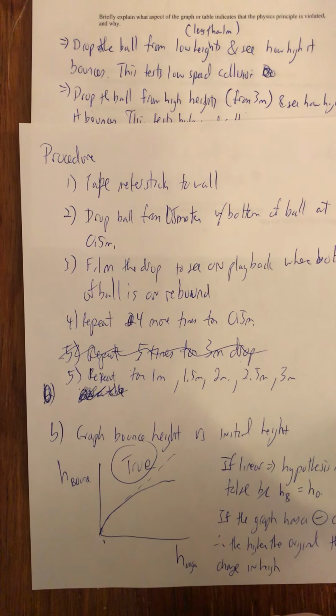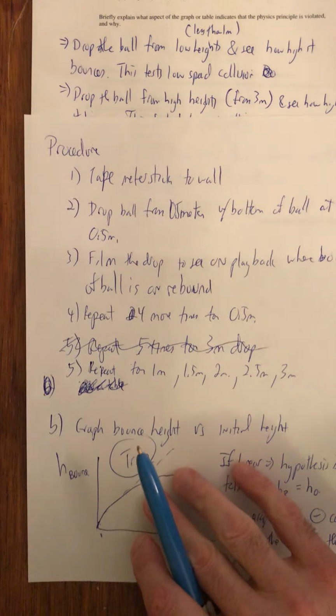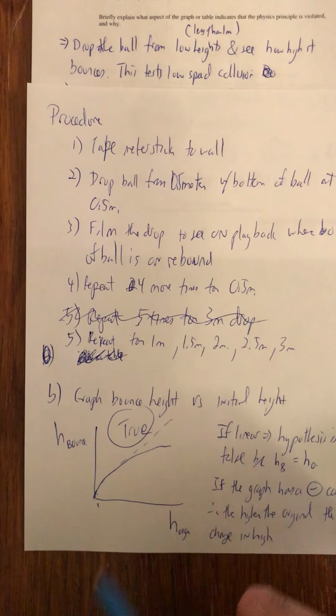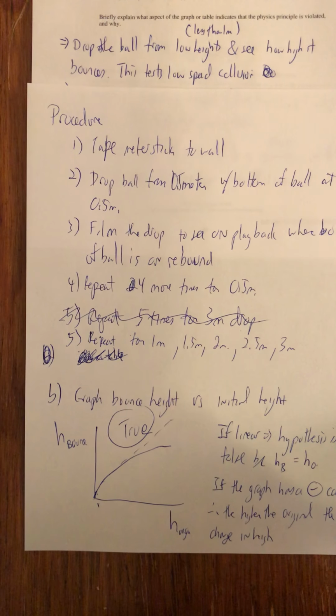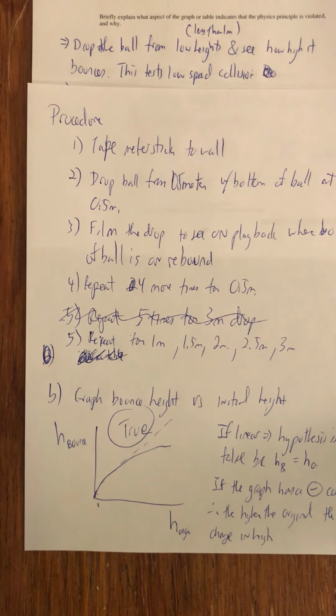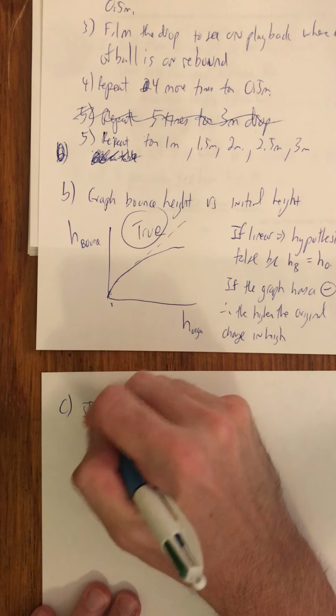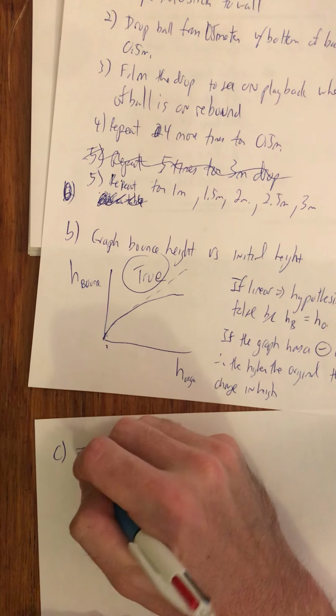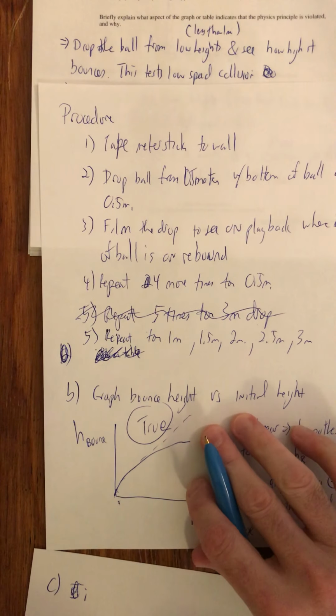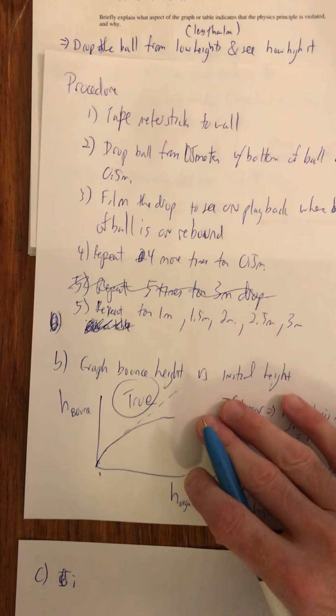A student carries out the experiment and analysis described in A and B. The student immediately concludes that something went wrong with the experiment. The graph or table shows behavior that is elastic for low speed, but appears to violate a basic principle at high-speed collisions. Oh, so in other words, if we end up with more energy, so this is C I. Give an example of what it would look like.